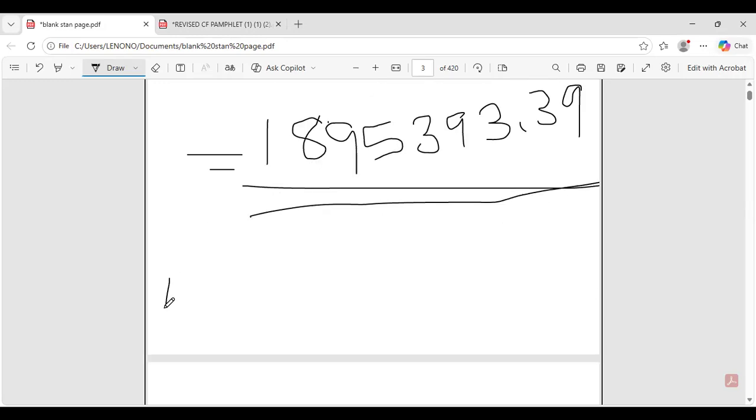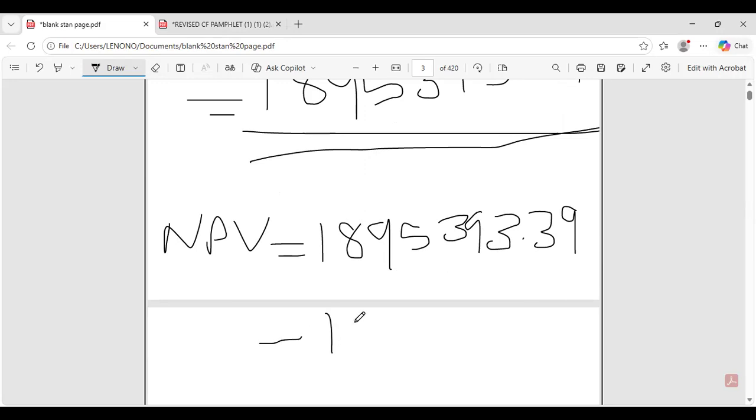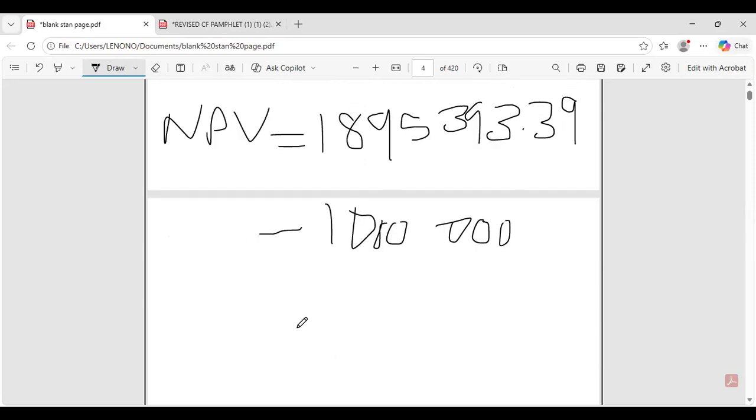So our NPV will be equal to the same amount, 1,895,393.39, then minus the 1 million that we invested, you remember the 1 million? Yes, sir.